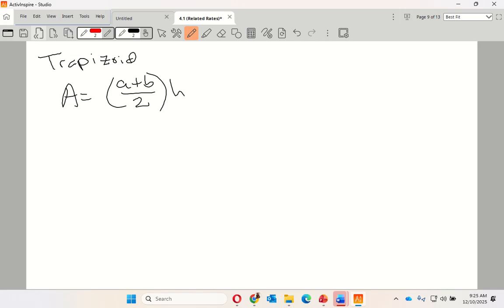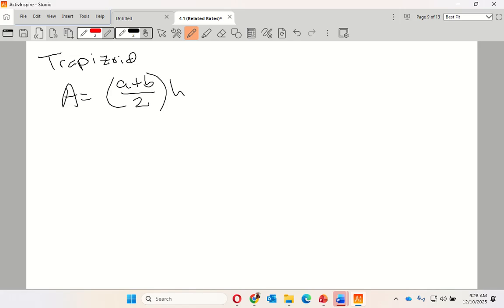Okay. So what do the A and B represent? The top and the bottom, normally. So when we look at trapezoids, they normally go in a certain direction. Ours is to the side, right? The parallel sides of a trapezoid are the B1, B2, or in this case, A and B, right?